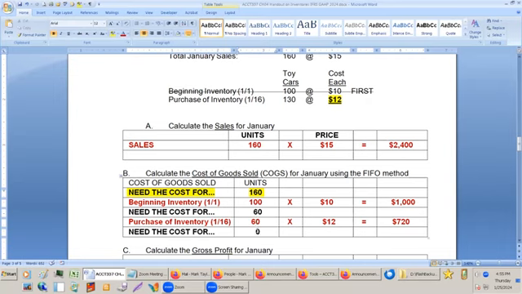So we don't really need any more costs here. All right, so the total was 1,720. So this is our cost of goods sold.